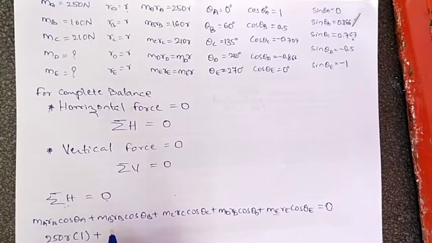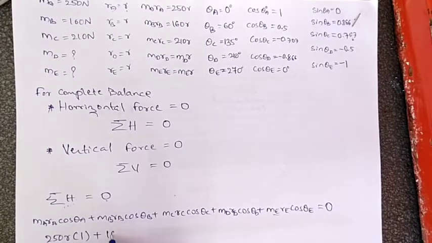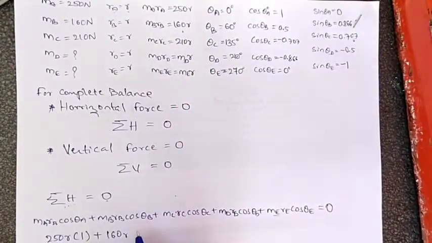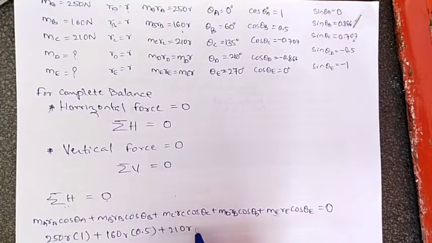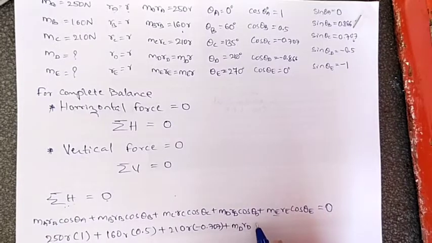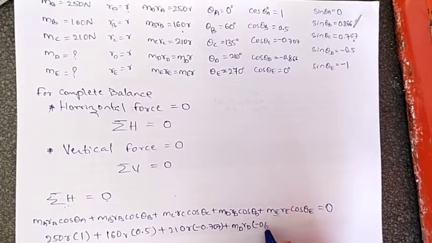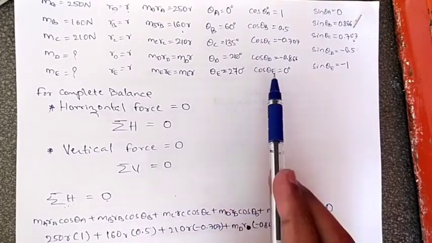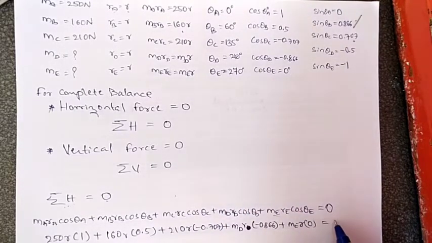Similarly MB RB: 160R into cos theta B, which is 0.5, plus MC RC is 210R into cos theta C, which is minus 0.707, plus MD RD, we don't know the value so keep it as it is, into cos of 210 degrees, minus 0.866, plus ME into R into cos of 270 degrees, which is 0. So this will be 0, which is equal to 0.